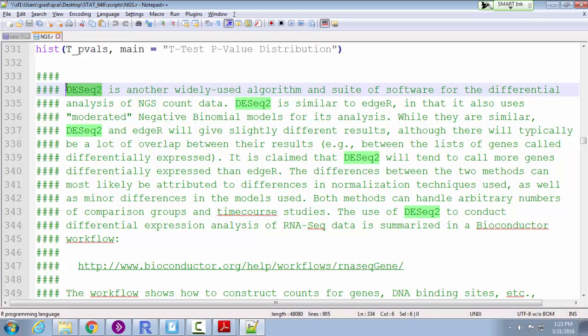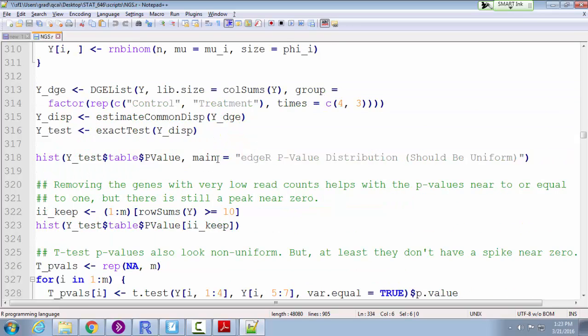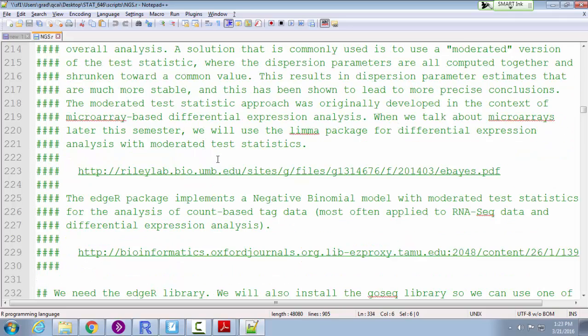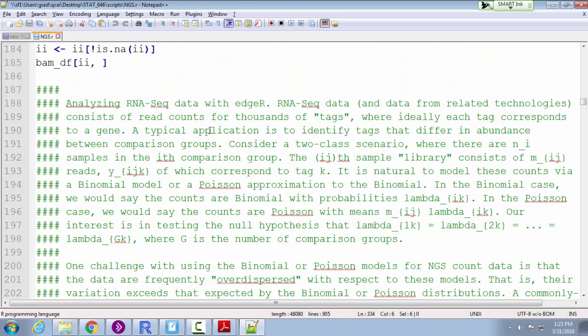And DESeq2, same idea: let's do Poisson inference, but it's overdispersed. It was just developed by a different set of authors, and it's got some slightly different techniques. The normalization it does is a little different. The algorithm is a little bit different. But the earliest one was edgeR by Robinson et al.